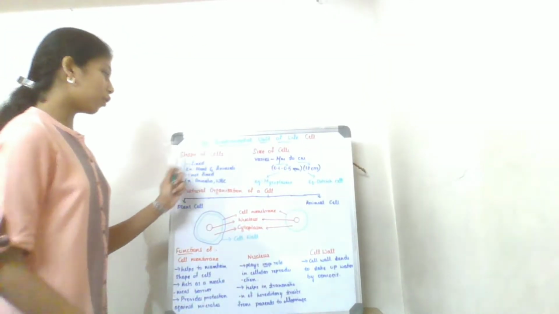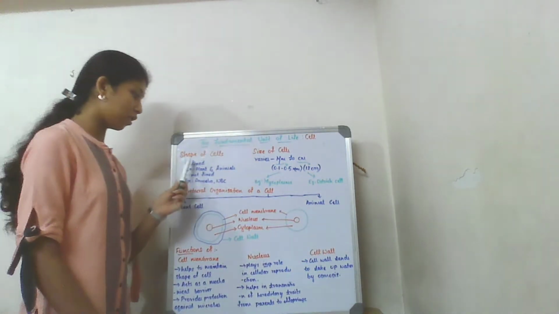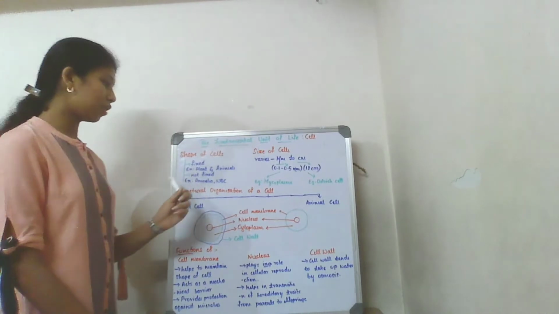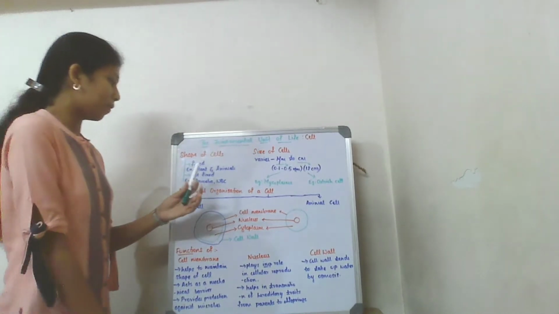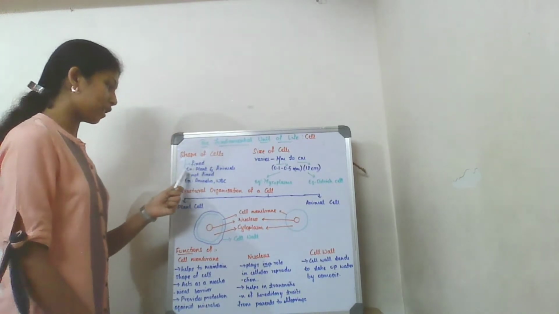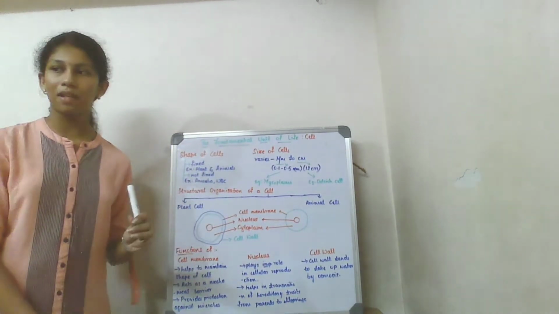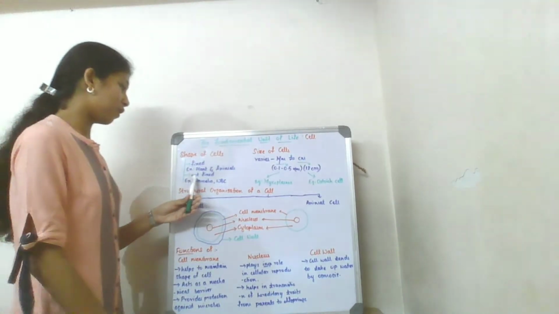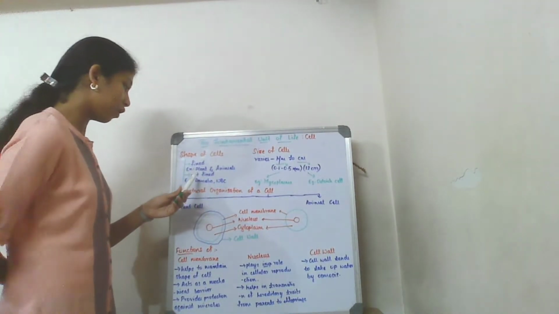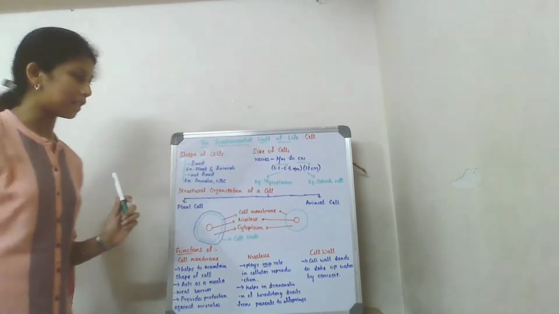Now we are going to discuss the shape of cells. The shape of cells can be fixed, and it can also be not fixed. Examples of fixed shape are most plants and animals, and examples of not fixed shape are amoeba and WBC, white blood cells.